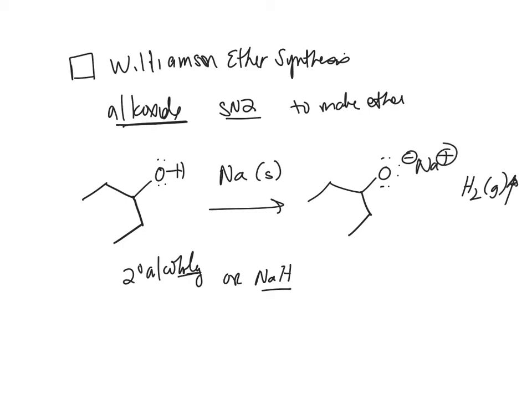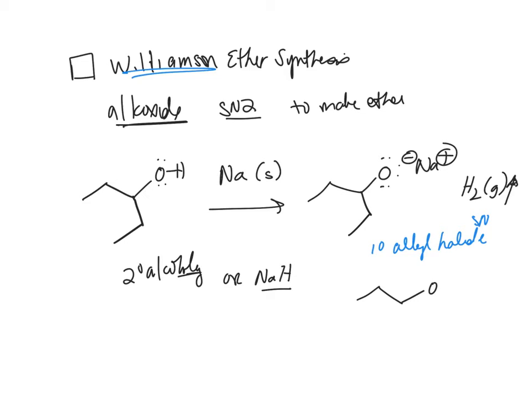And so once you make your alkoxide, for Williamson ether synthesis, you have to react it with a primary alkyl halide and do an SN2 reaction. You don't do it with a secondary because you're going to get elimination. This will act as a base.